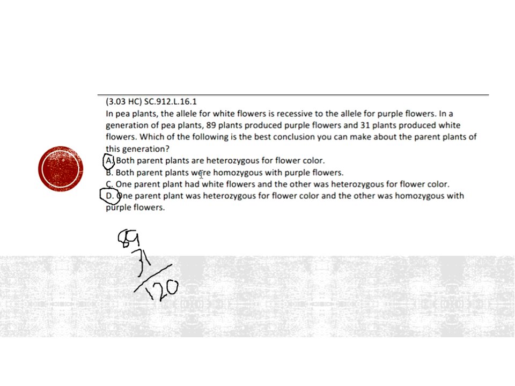And then you can find the percentage that those were. So 89 is what percentage of 120? We can figure that out, and it's going to be approximately 75%. So 75% were purple at the 89.